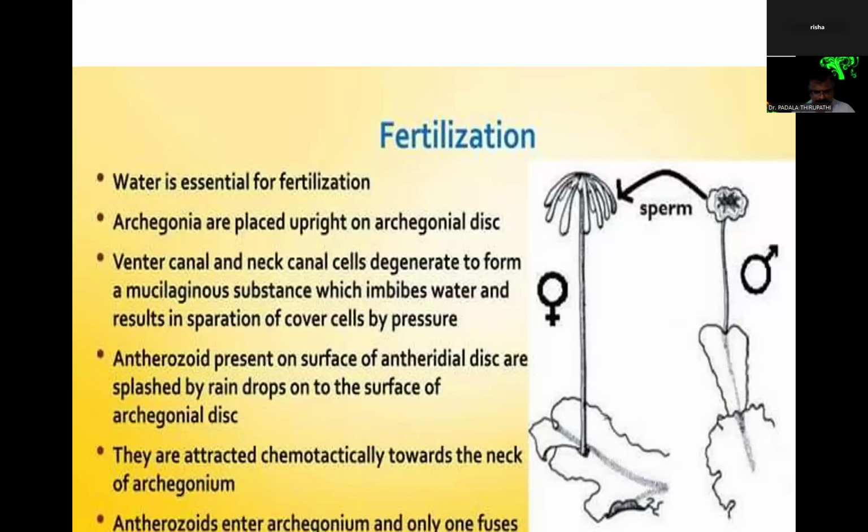So there is chemotactic movement. Due to that, antherozoids are attracted towards the neck of the archegonia, and one of the antherozoids enters the archegonium, and then it fuses with the egg cell to form the zygote.